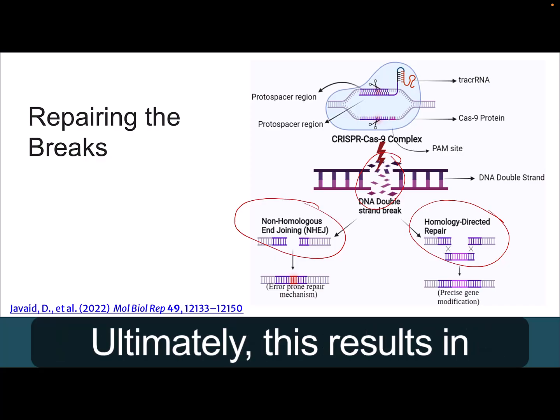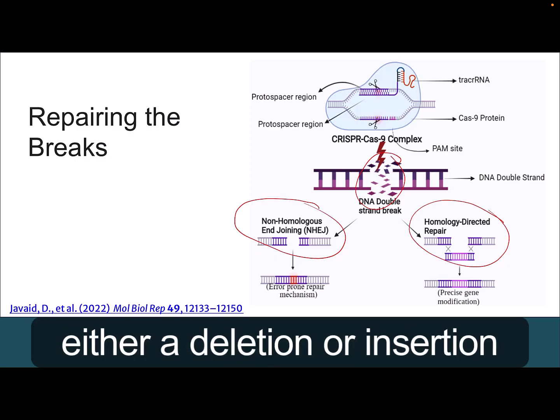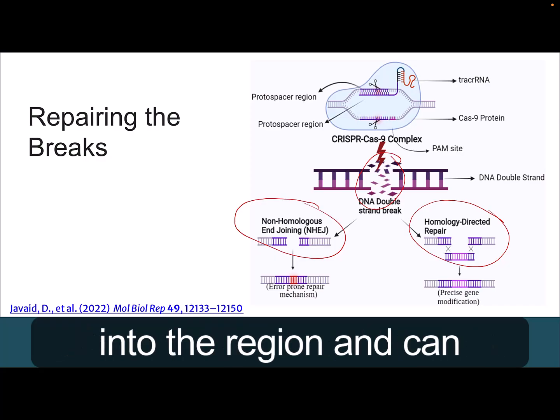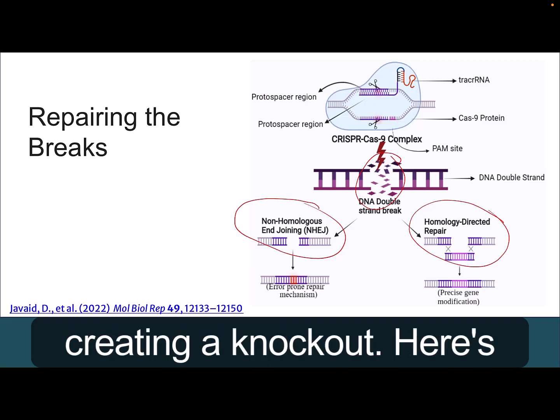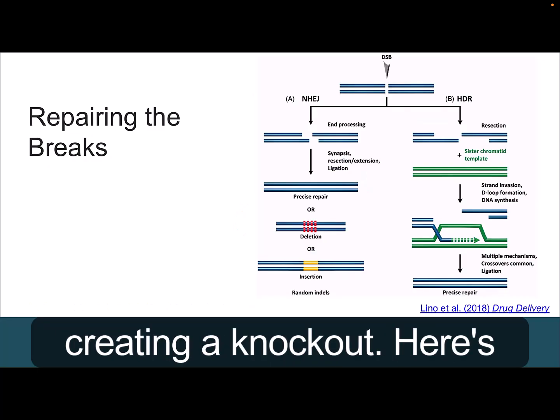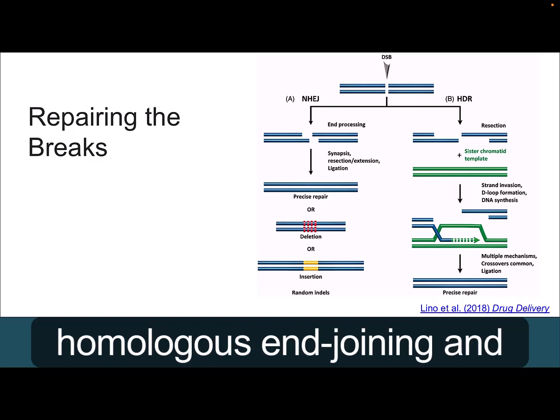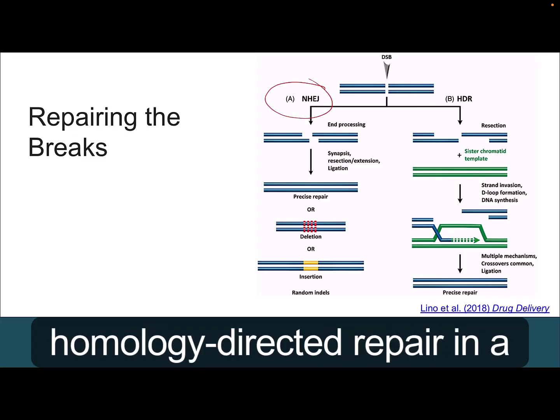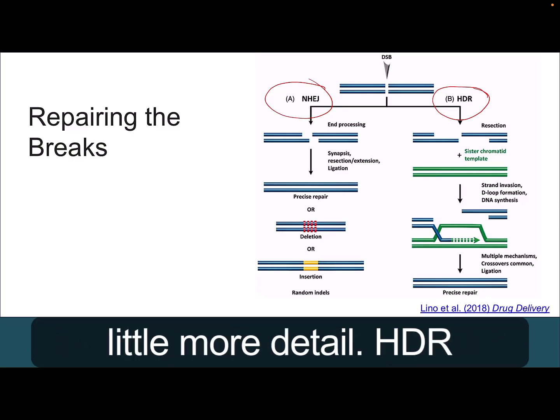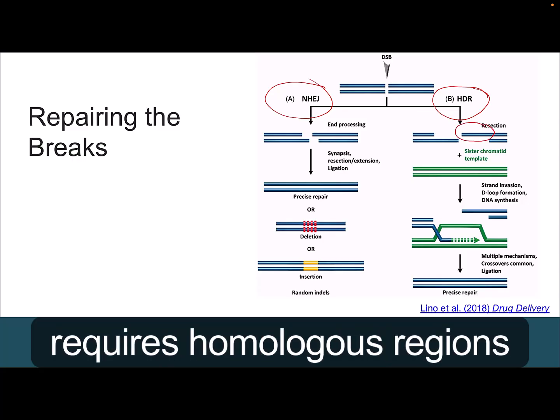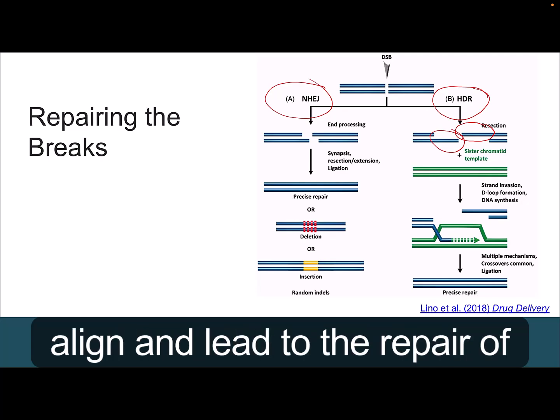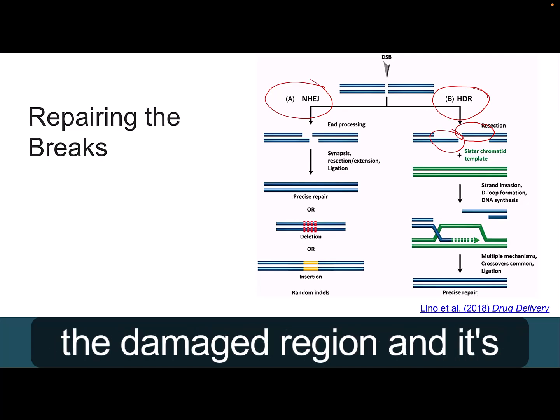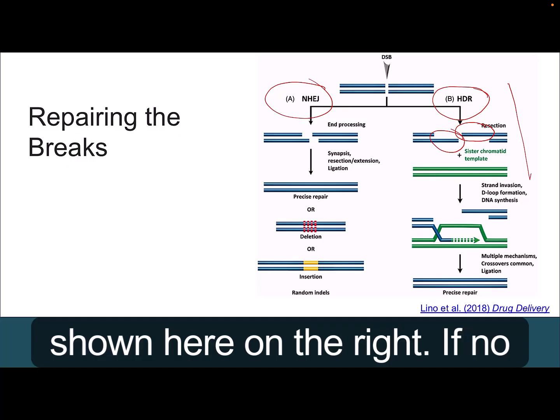Ultimately, this results in either a deletion or insertion into the region and can disrupt the open reading frame of the gene sequence, creating a knockout. Here's the process of non-homologous end joining and homology-directed repair in a little more detail. HDR requires homologous regions of the DNA that will help align and lead to the repair of the damaged region, and it's shown here on the right.